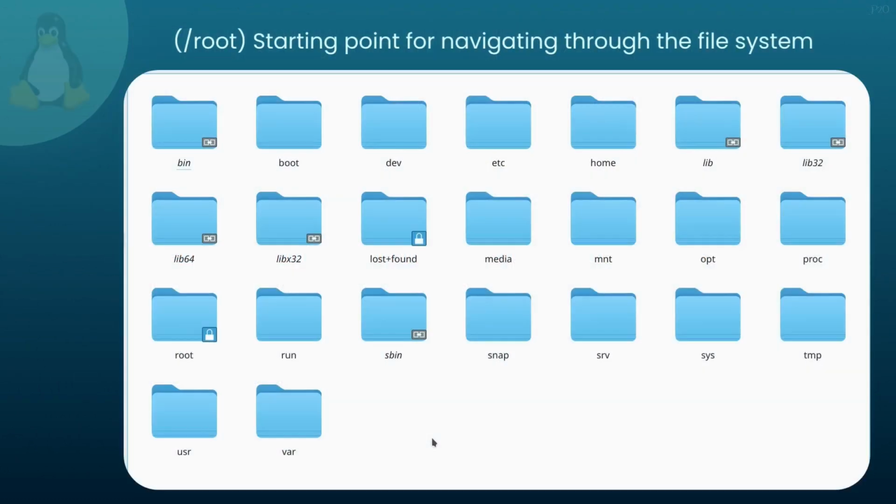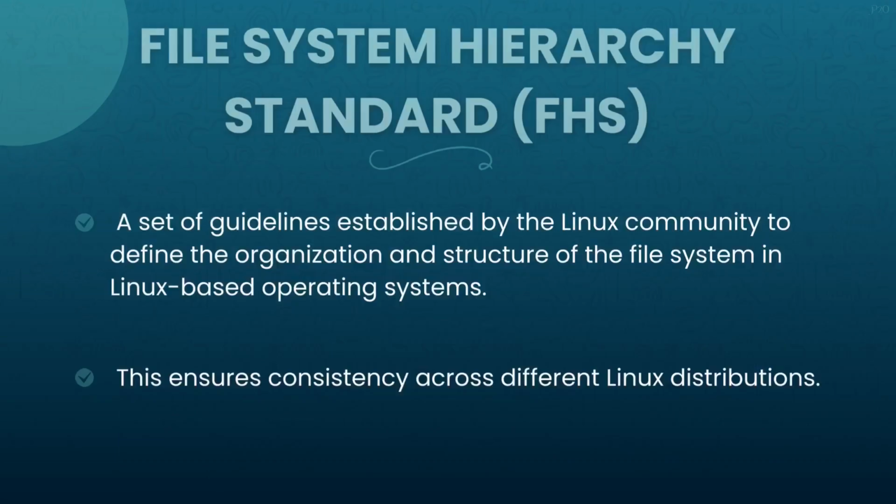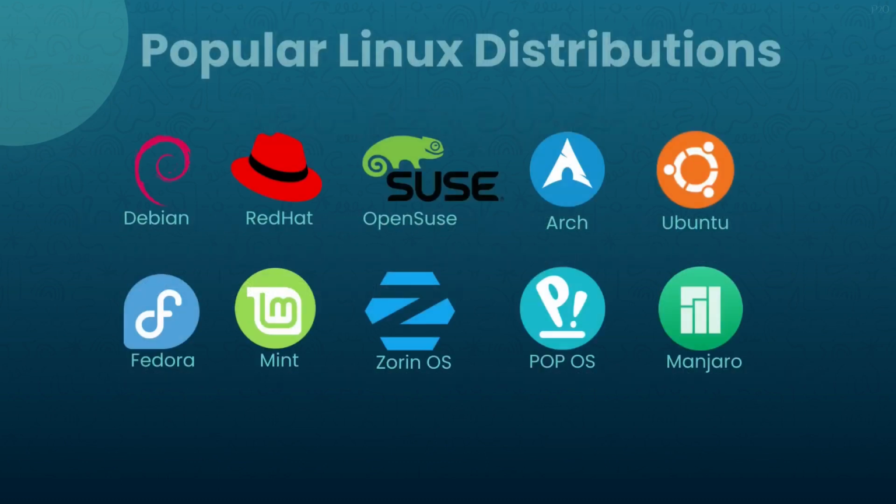If you take a look at the root directory, which is like the starting point of everything, you'll find that most Linux distributions follow the same structure outlined by the Filesystem Hierarchy Standard. So, whether you're using Ubuntu, Fedora, or any other Linux distribution, you'll see that things are pretty much laid out in the same way.